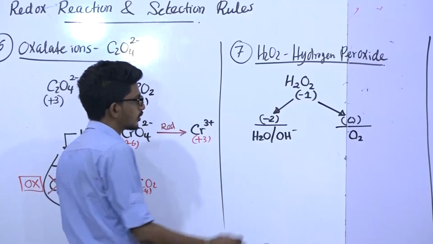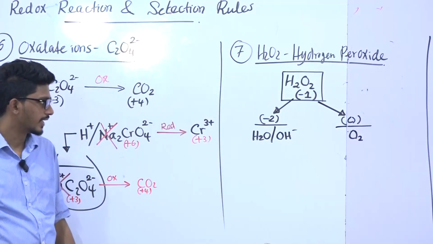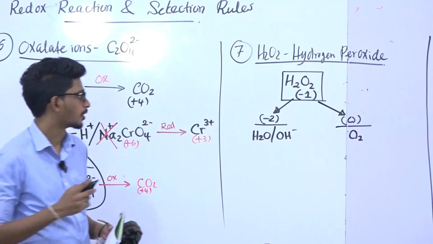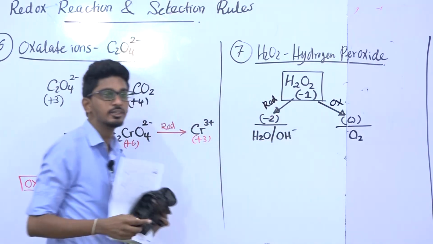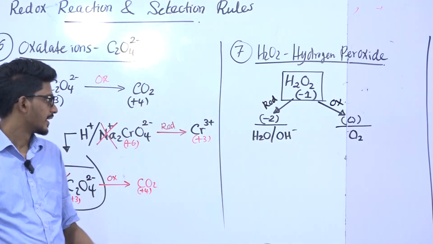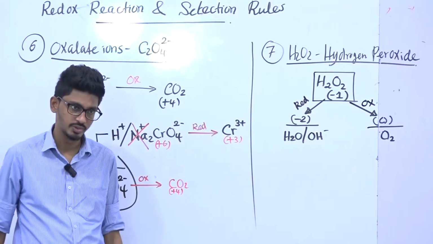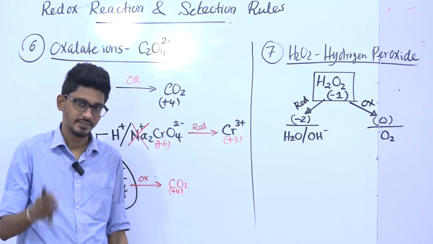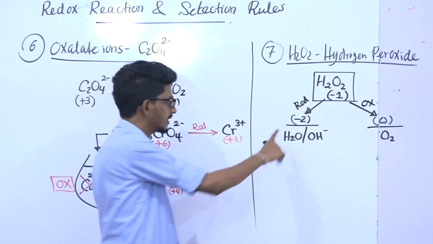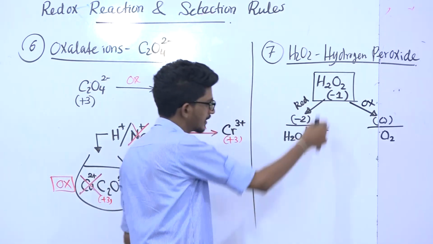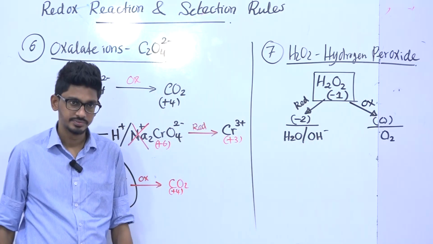So H2O2 with -1 oxidation state is not that stable. So H2O2 prefers to get oxidized or reduced depending on the other species which reacts with H2O2. Depending on the other species, H2O2 decides whether to get oxidized or reduced, because both the oxidation states besides -1 are very stable, right?